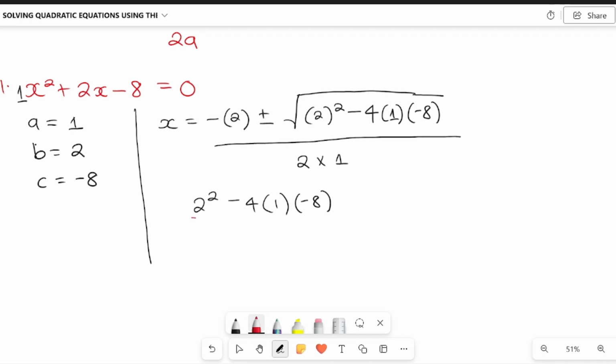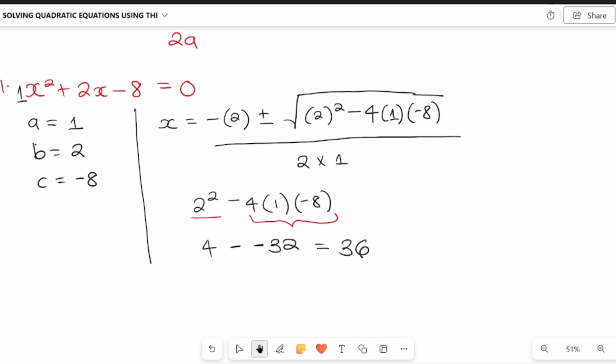We'll therefore work out this part and this part first, then subtract the two answers. So 2 squared is 4, and 4 times 1 times negative 8 gives us negative 32. So we'll have 4 minus negative 32, which is equal to 4 plus 32, which will give us 36.